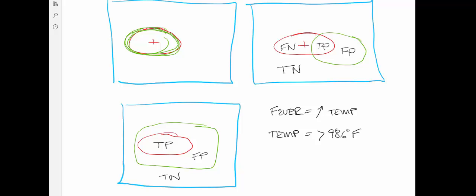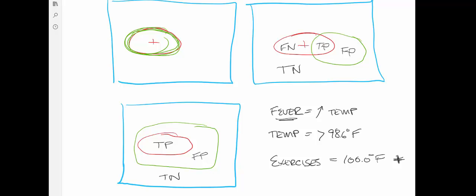But what if you've been exercising out on a summer day, and now your temperature is 100.0 degrees Fahrenheit? Now, in this particular case, your temperature is over our threshold, so you are positive by the test, but you don't have a fever.